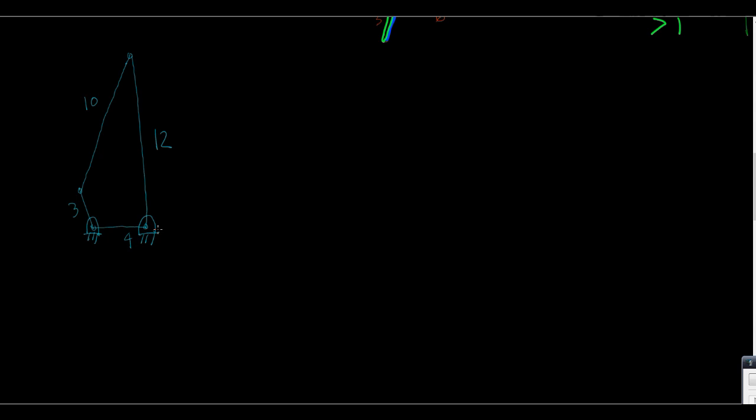Okay, is it Grashof? 3 plus 12 is 15, 10 plus 4 is 14, 3 plus 12 is bigger than 10 plus 4, non-Grashof. Both are rockers. Fine. How about this one?